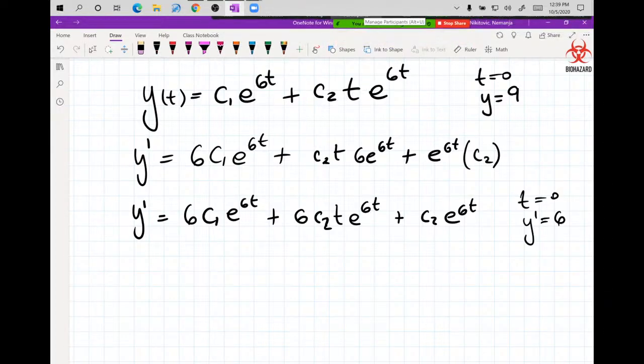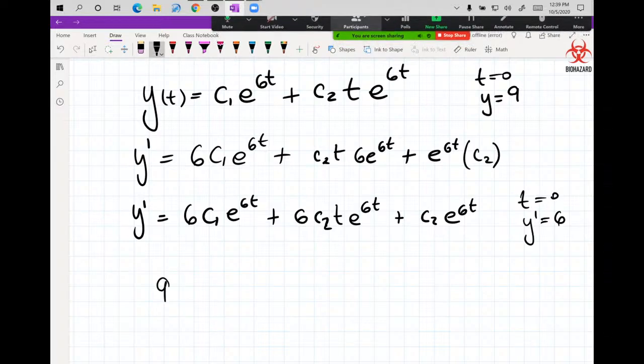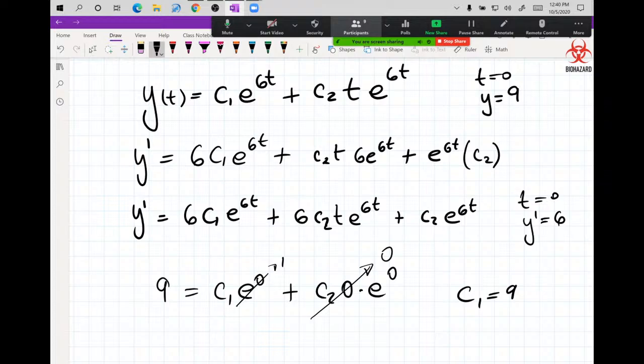So the first equation gets you your c1 immediately. So we have 9 is equal to c1 times e to the 0 plus c2 times 0 times e to the 0. This term is 0. This thingy is 1. So you're getting c1 equals 9.